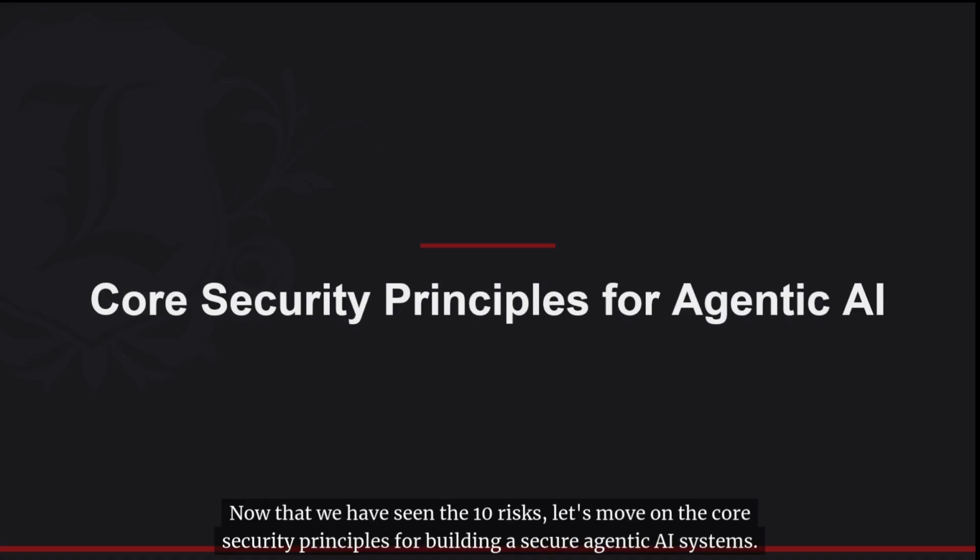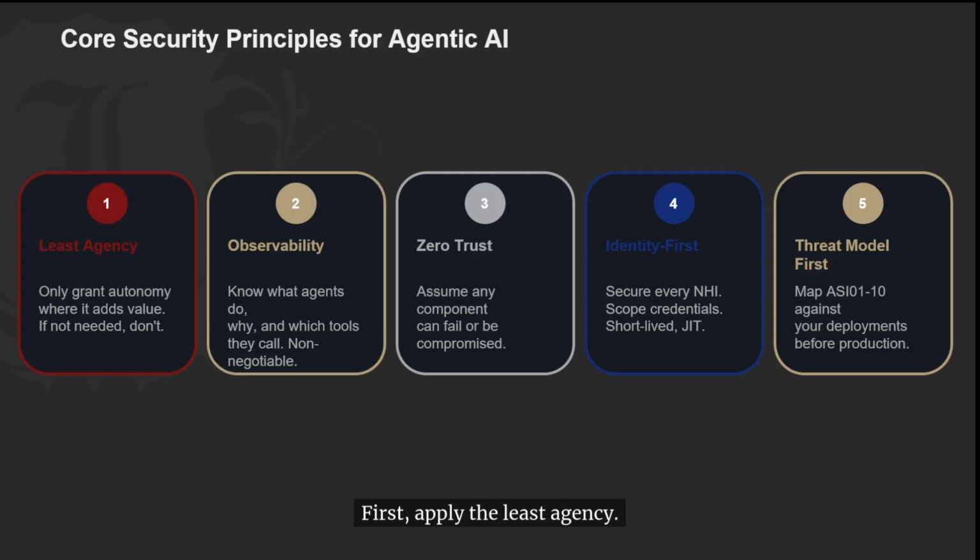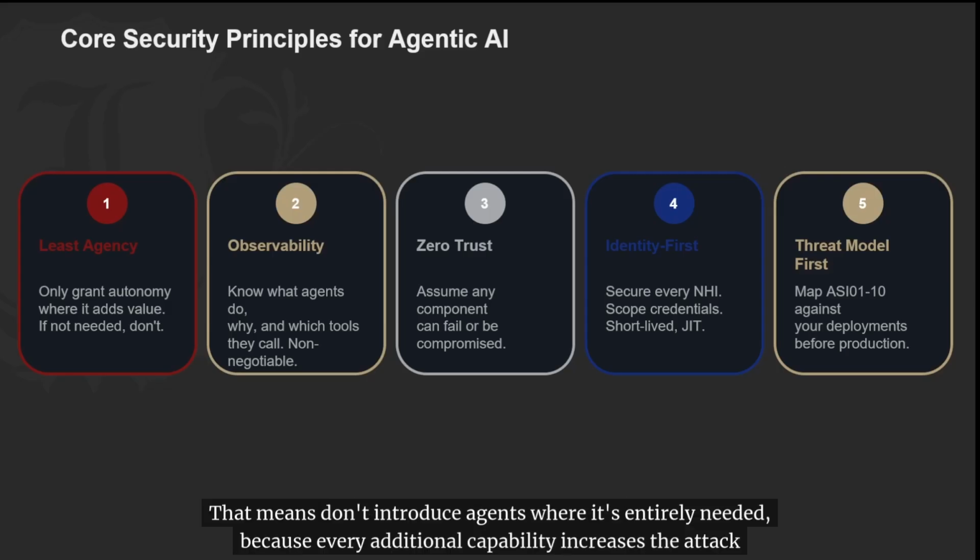Now that we have seen the 10 risks, let's move on to the core security principles for building secure agentic AI systems. When building agentic applications, we should follow a few key principles. First, apply least agency. That means don't introduce agents where it's not truly needed, because every additional capability increases the attack surface.